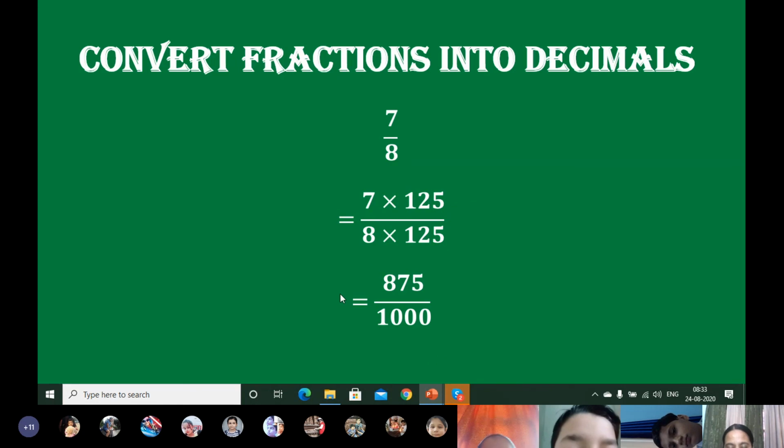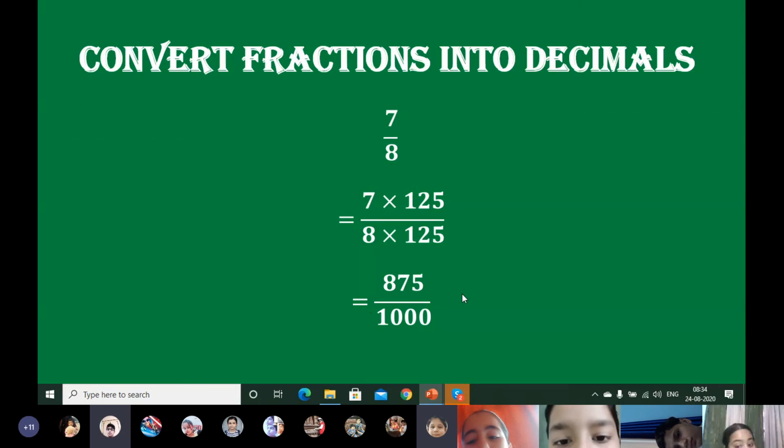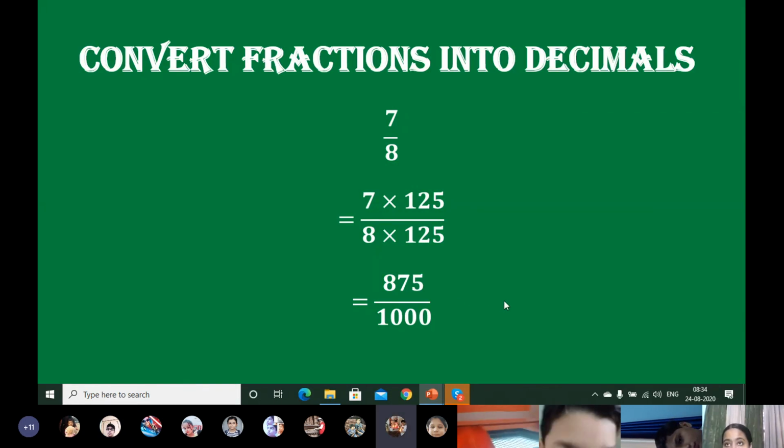And now this number can be directly converted into decimal or not? Yes, ma'am. So what will be the number? 0.875. You should read it correctly.